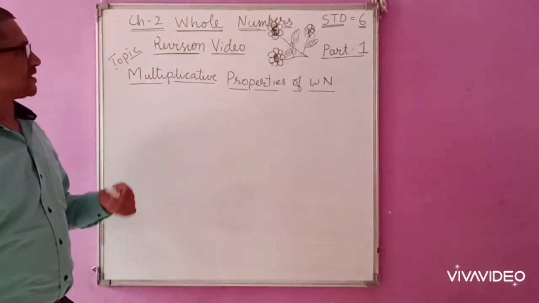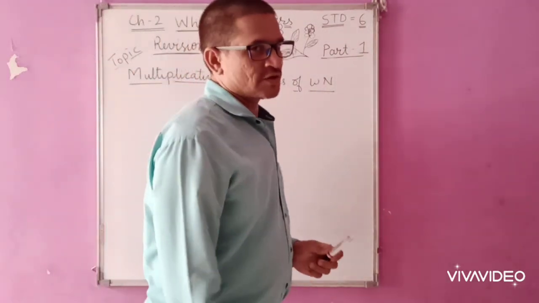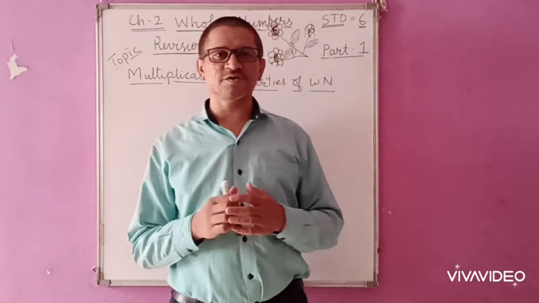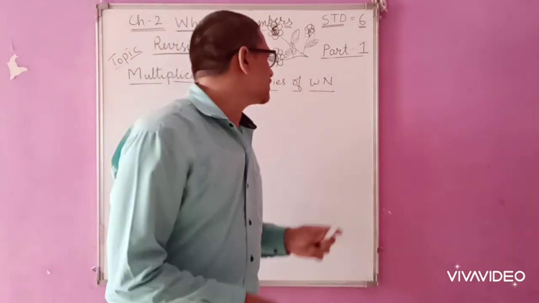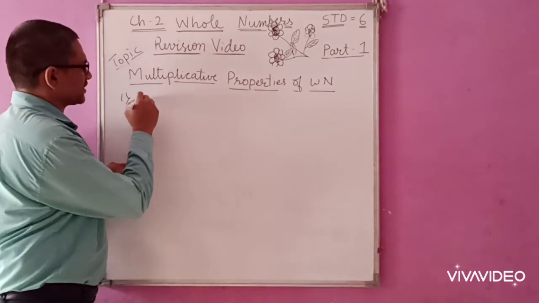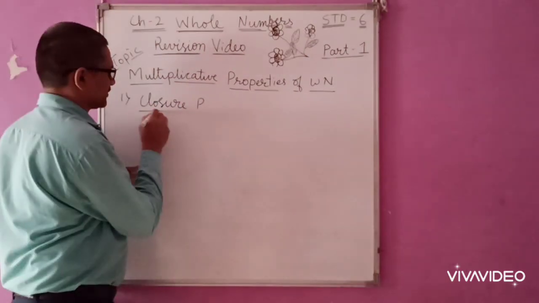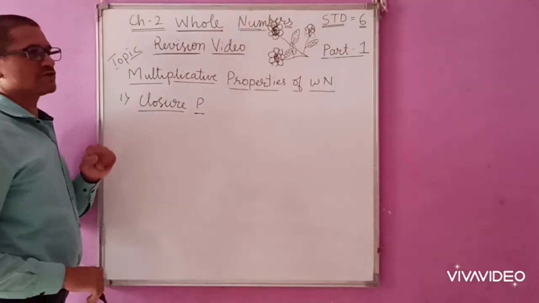Our next topic is multiplicative properties of whole numbers. So what is meant by multiplicative properties of whole numbers? The first property is the same as addition, that is closure property. So what is closure property?